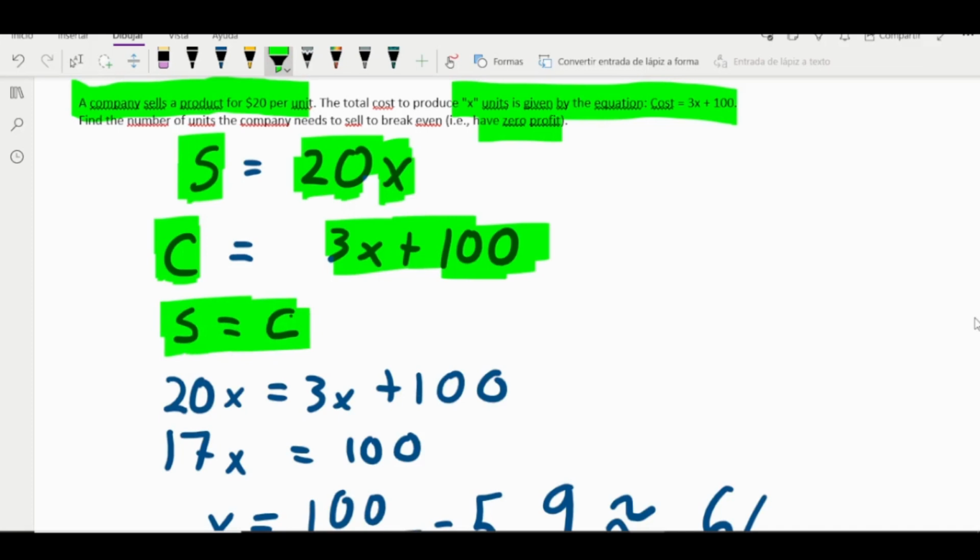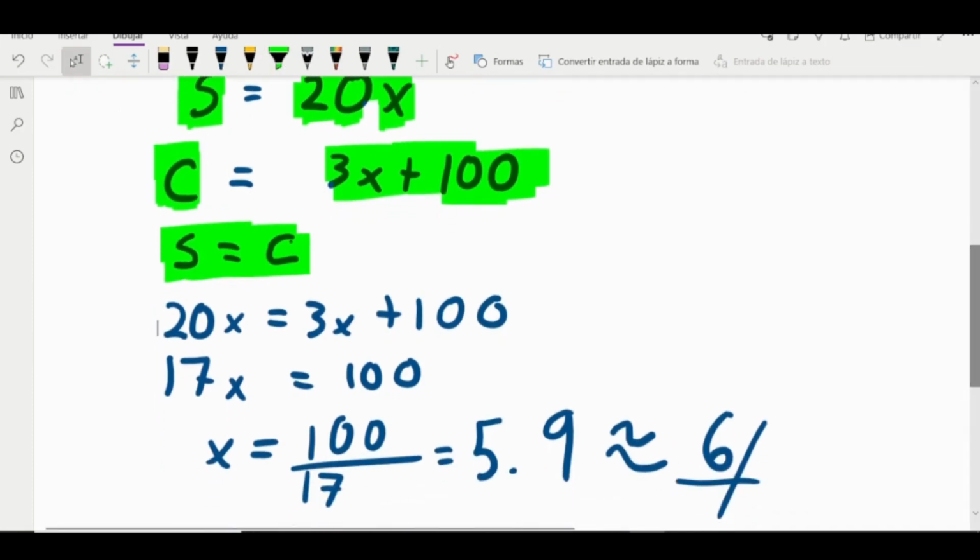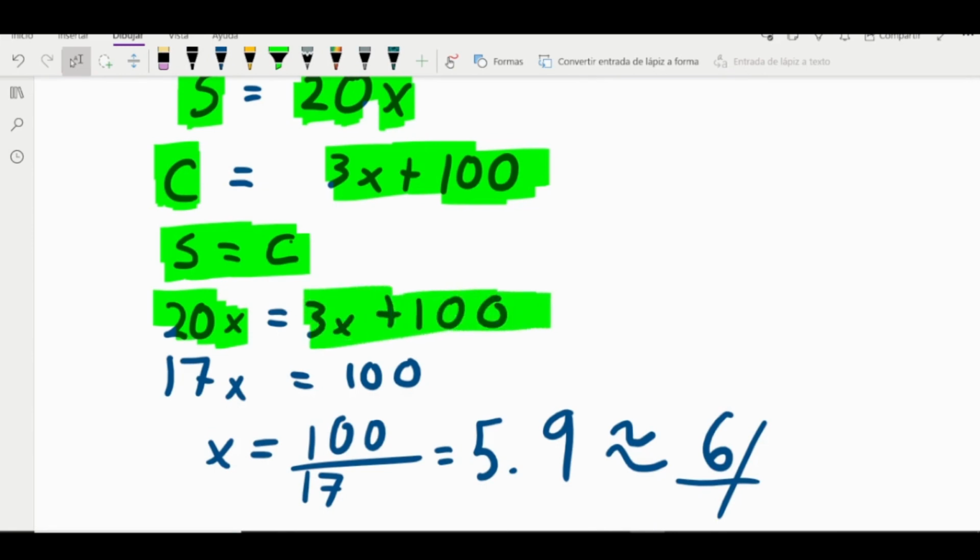So let's find this situation. Let's make a substitution. For the sales, we are not going to put S, we are going to put 20x, and for the cost, we are going to copy the equation. So this equation is going to be 20x equals 3x plus 100.